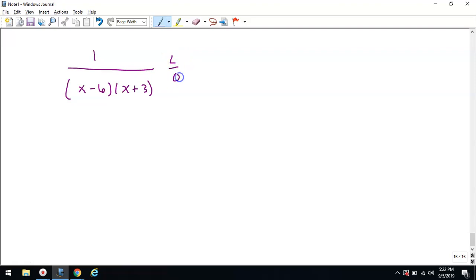Less than or equal to 0. All right, so in this one, we're just going to have zeros on the denominator, right? So our first 0 is +6. Our second 0 is -3. All right, and let's plot those on our number line.